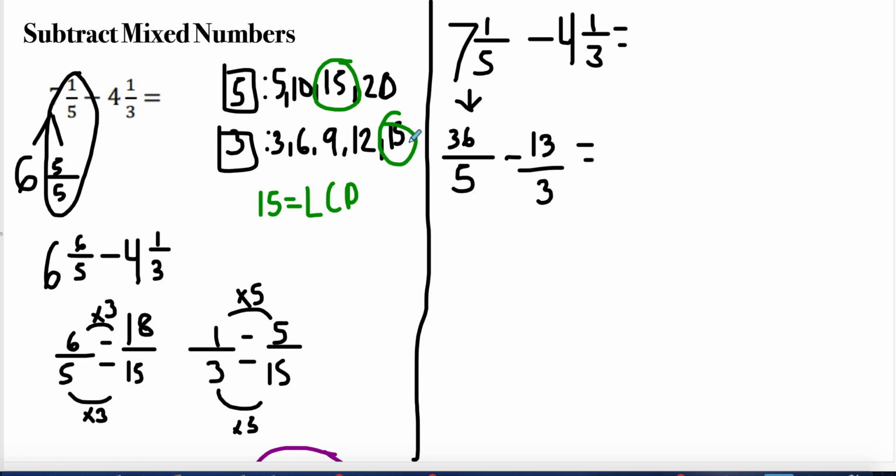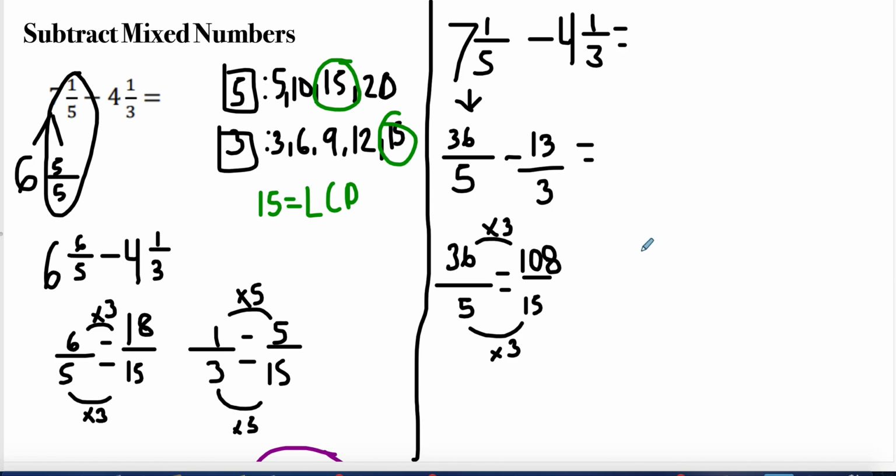I already figured out that 15 is the lowest common denominator, so now I'll need to make equivalent fractions. So 36/5, let's figure out how many 15ths that's equal to. So 5 times 3 is 15, so I need to multiply 36 times 3, which is 108.